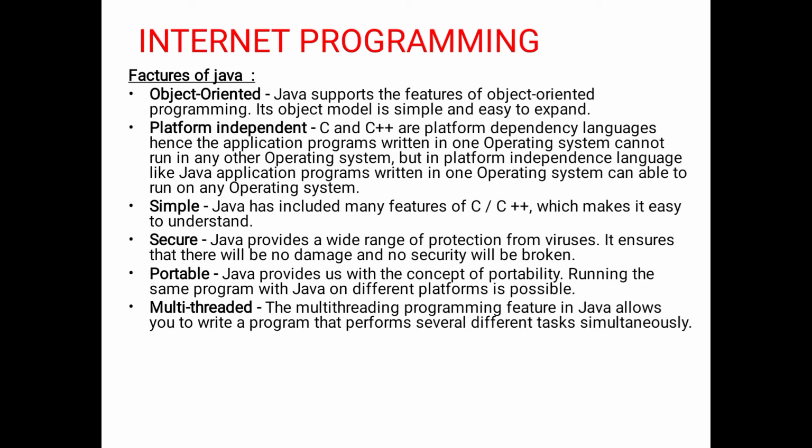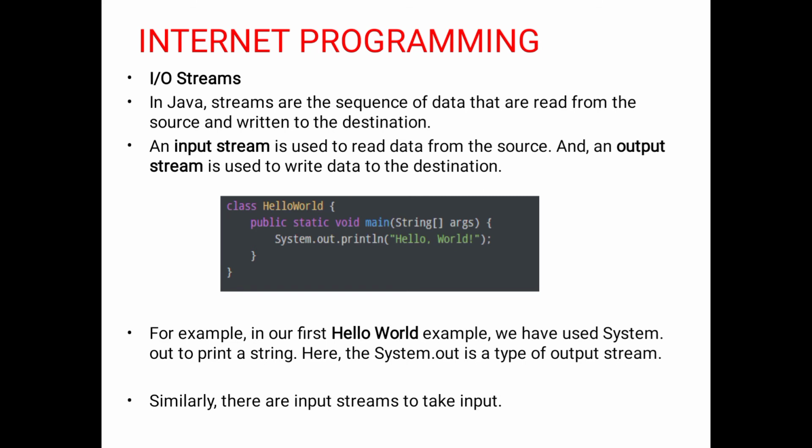And it supports multi-threading, right? Multi-threaded programming features in Java allow you to write programs that perform several different tasks simultaneously. So that is called multi-threaded programming, right? So these are the features of Java.